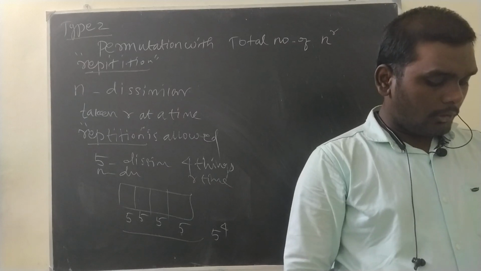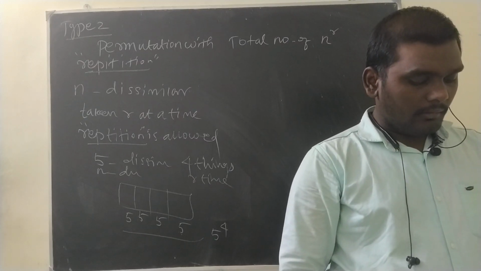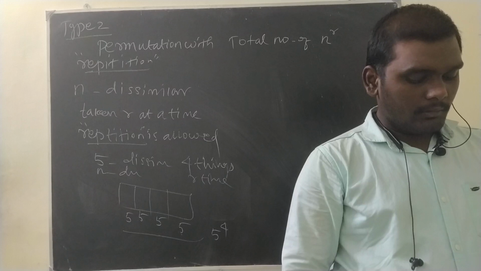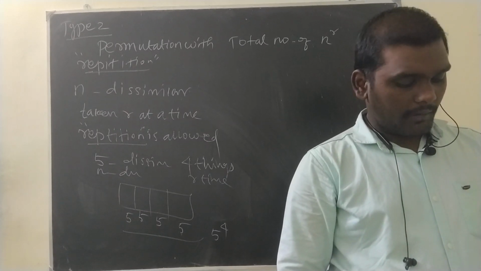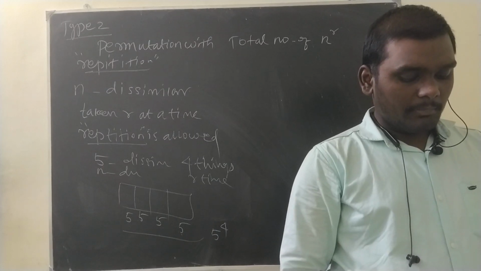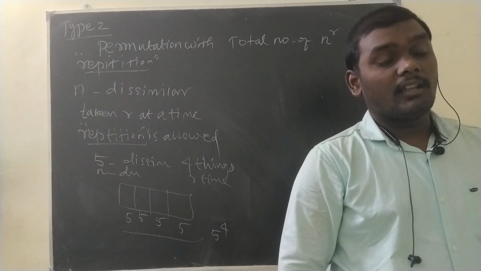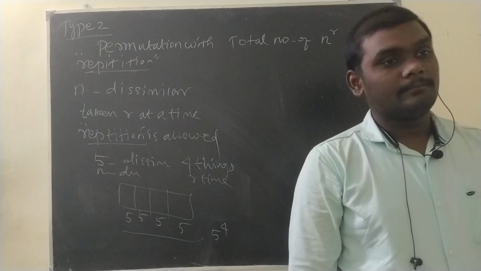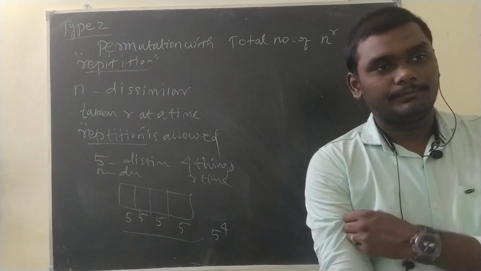And there is one note below that. When repetition of things is allowed any number of times in the formation of permutations of n things taken r at a time, the number r need not be less than or equal to the number n. You got that note?